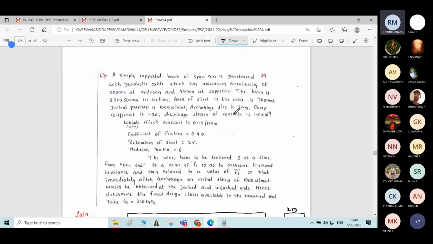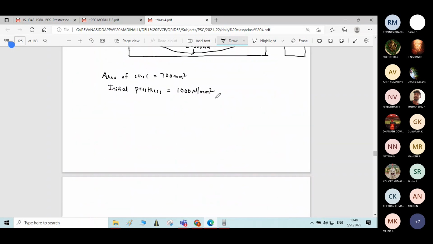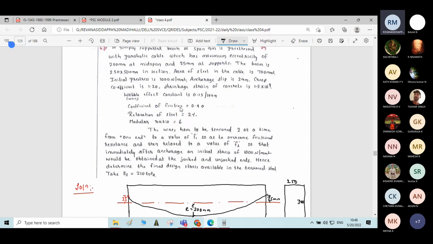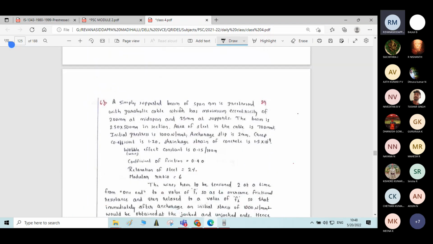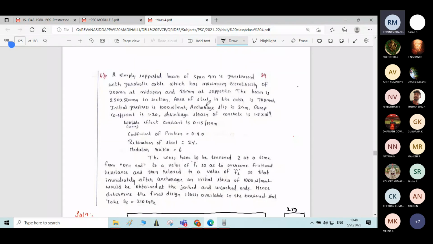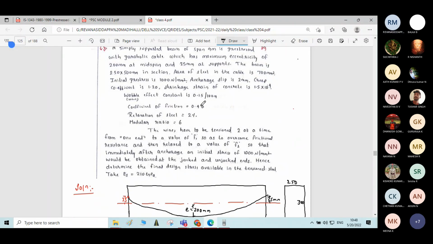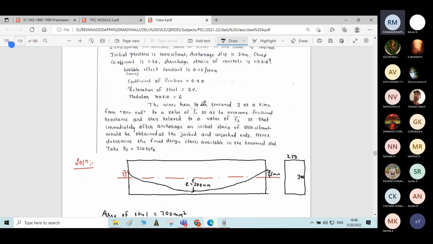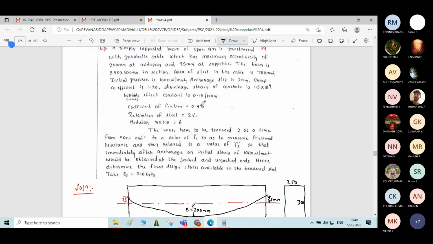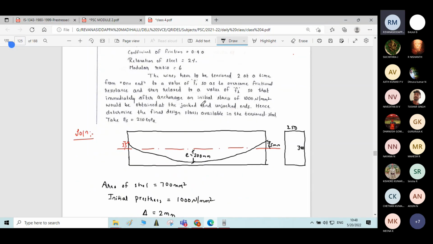Anchorage slip delta is given, delta is equal to 2 mm. Creep coefficient is given. Shrinkage strain in concrete is given. And coefficient of friction, relaxation of stress in steel, modular ratio, everything is given, required for the calculation. All the constants are given.